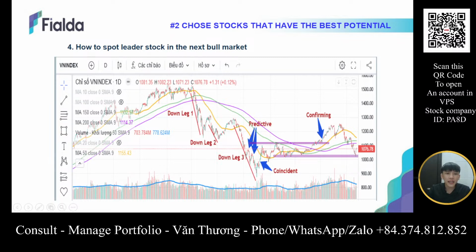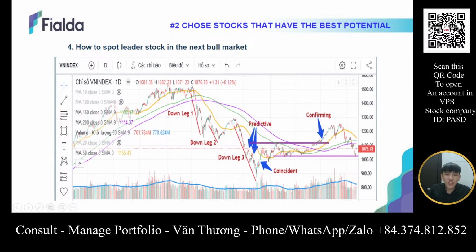As you know, this is the VN-Index chart in the 2022 bear market, and when the general market goes down, it usually has three down legs. Down leg number one and a stock rally, down leg number two and a stock rally again, and then the third down leg. In the third down leg, the leader stocks hold up very well.